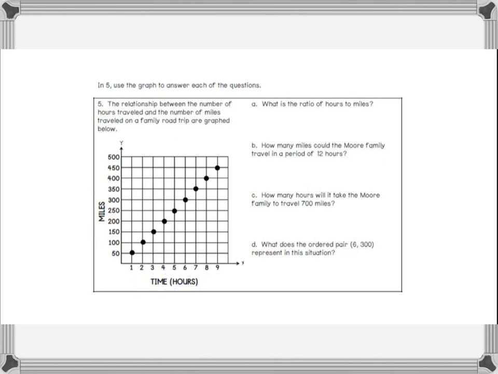So if we look at this, we can start at the 1 hour and see where it is connected at the 50-mile mark. So what that means is that our ratio of hours to miles is a 1 to 50 ratio. 1 hour, they're driving 50 miles.